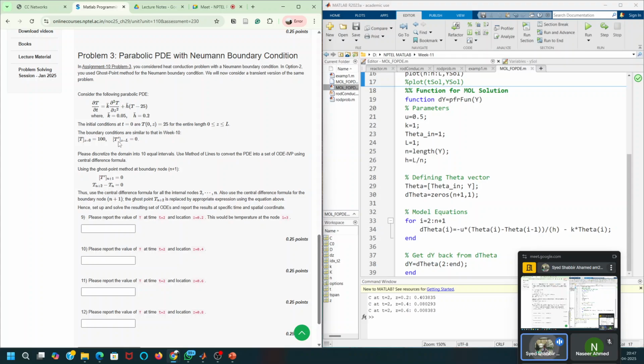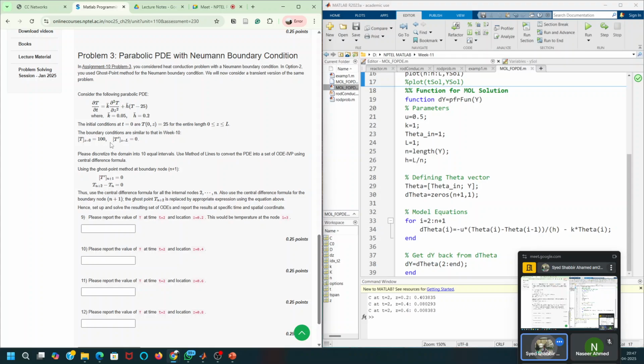Instead of the temperature, here we are given dT by dZ at Z equals L as 0. So this is a Neumann boundary condition, and this is a Dirichlet boundary condition. Earlier we had Dirichlet boundary conditions at both ends, so we have to solve this.